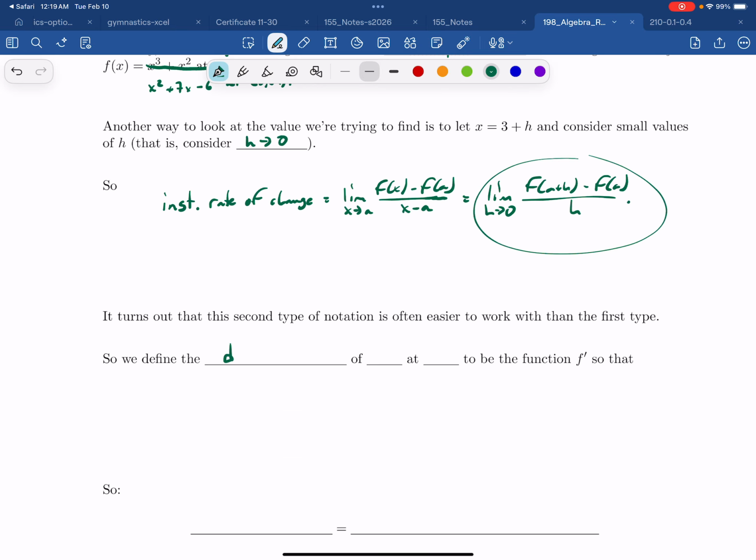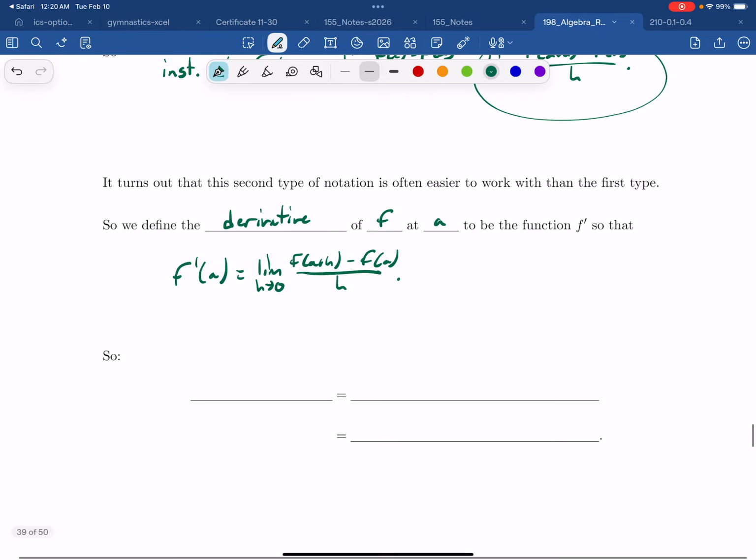So we define the derivative of f at a to be the function f prime such that f prime of a equals the limit as h approaches 0 of f of a plus h minus f of a all over h.